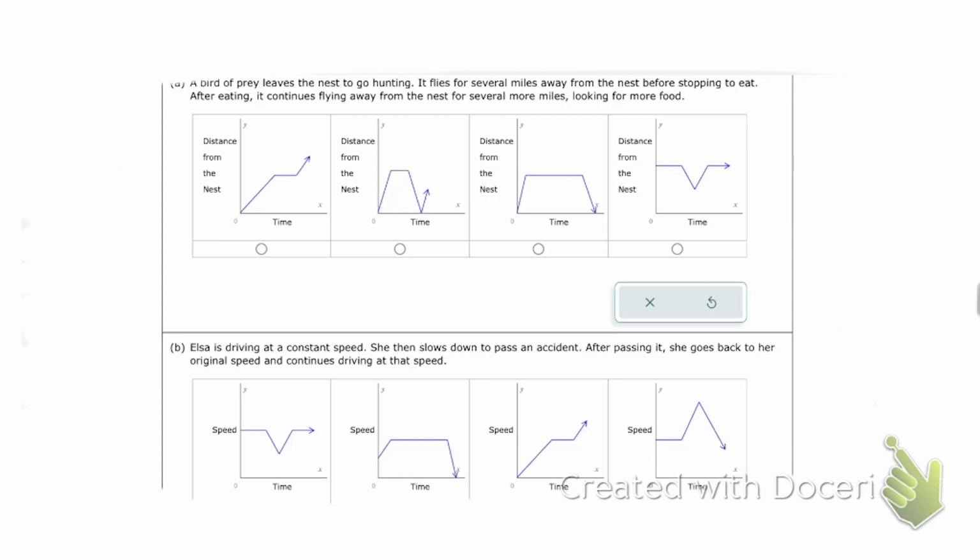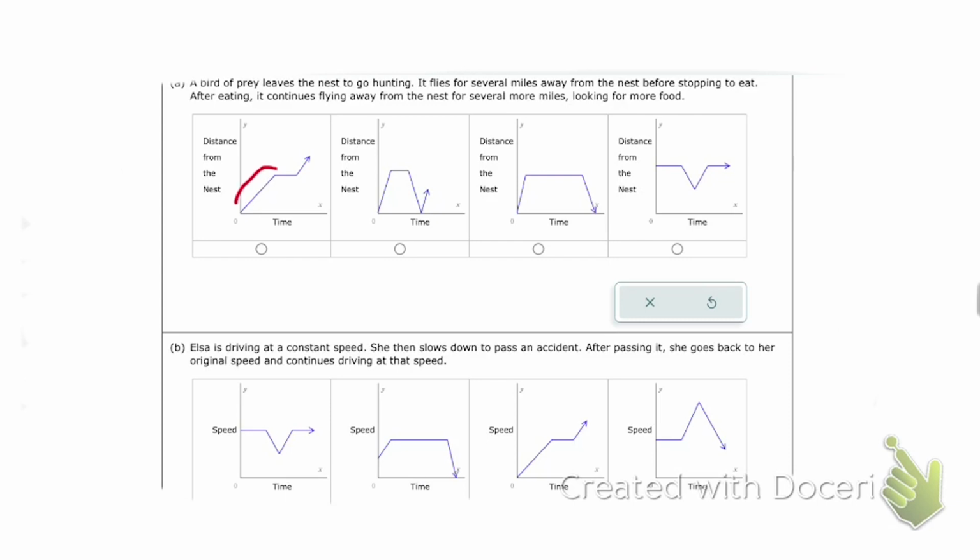So let's read this. A bird of prey leaves the nest to go hunting. It flies for several miles away from the nest before stopping to eat. Okay, so over time, the distance from the nest, it's flying several miles away. So the distance is growing initially. And if the distance is growing, we want the value on the vertical axis, the y-axis, to be increasing.